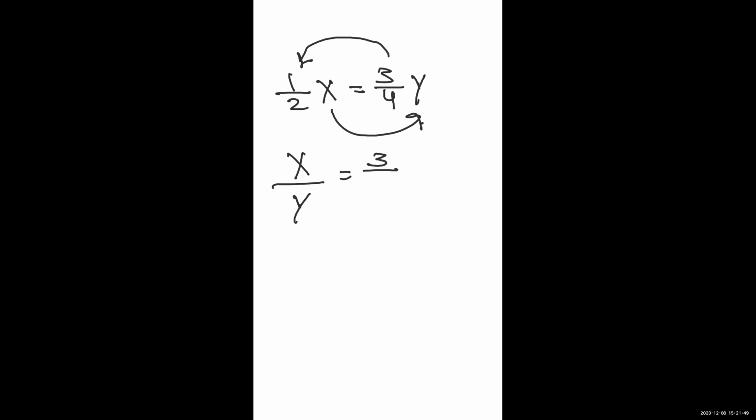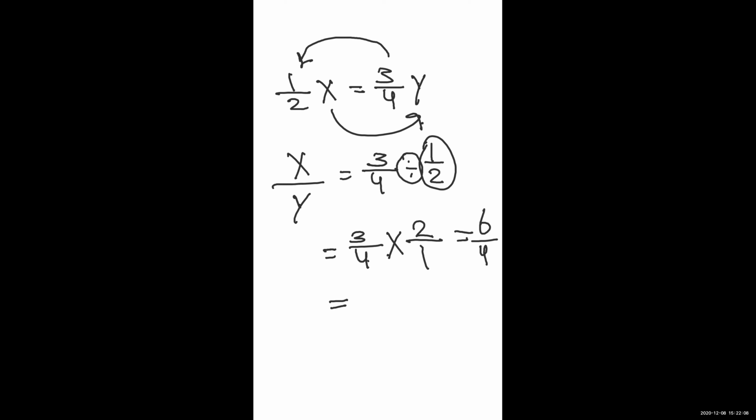Then change the division sign into multiplication, then flip the number. It's 1 over 2, so 2 over 1. So it will equal 6 over 4. Now you can simplify it, divide by 2, so it will equal 3 over 2. That's it. Are we clear till now?